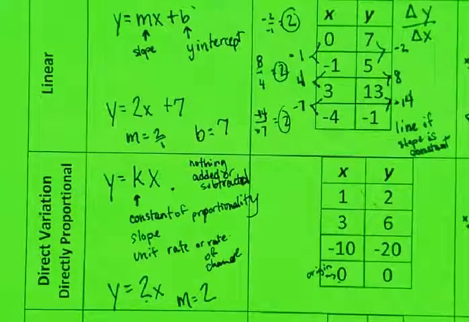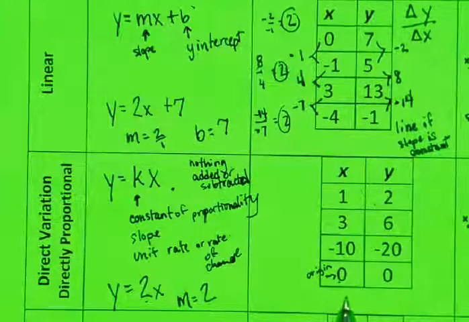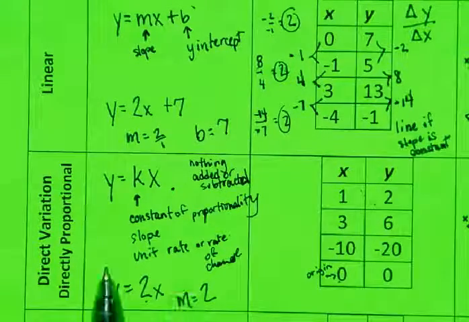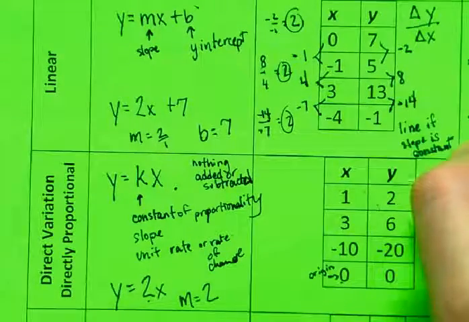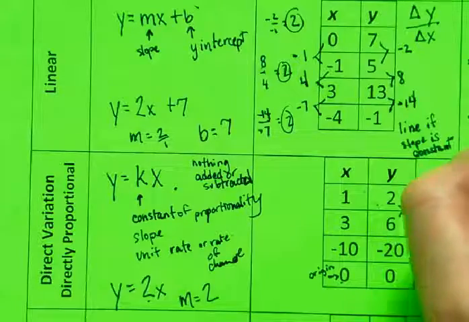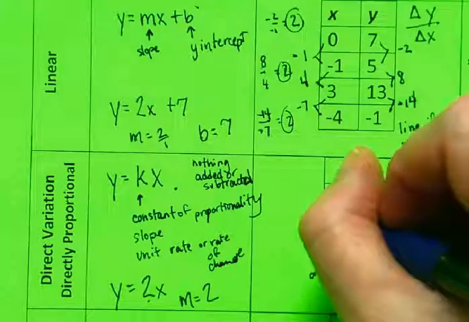Now, you will have some relationships that go through 0, 0 that are not direct variations or proportions, so watch out for that. Something that's fun with a proportion, you can find the slope here. That's an increase of 4, an increase of 2.